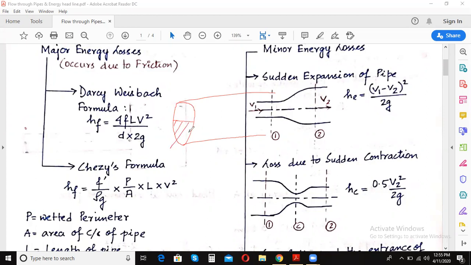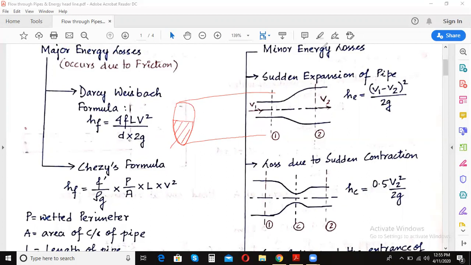So what will be my wetted perimeter? In the upper half of this pipe, there is no fluid flowing. Only the lower half of the pipe has fluid. In that case, my perimeter will be the perimeter of this half pipe, half the cross section of the pipe, right? So this is my wetted perimeter.